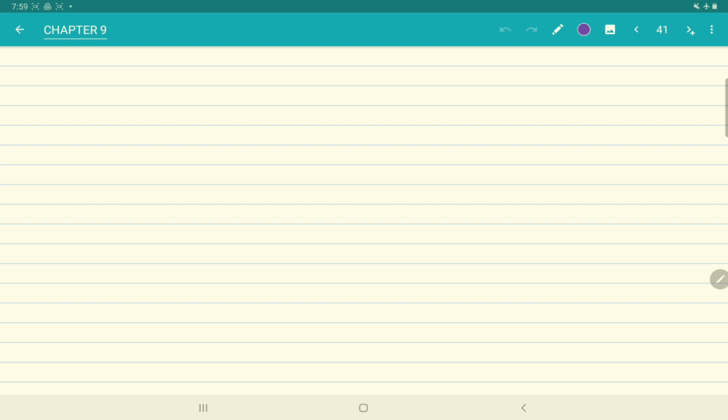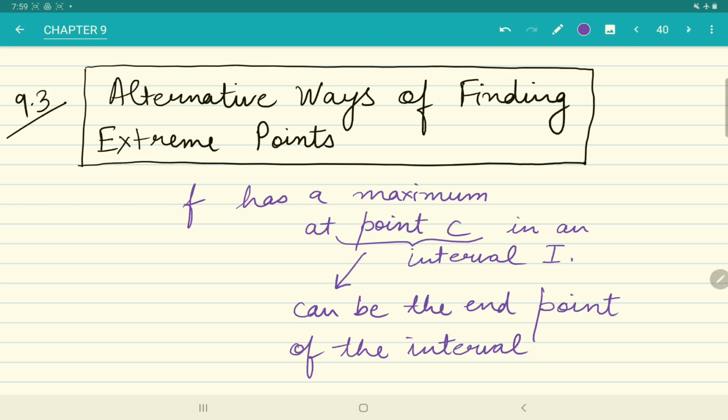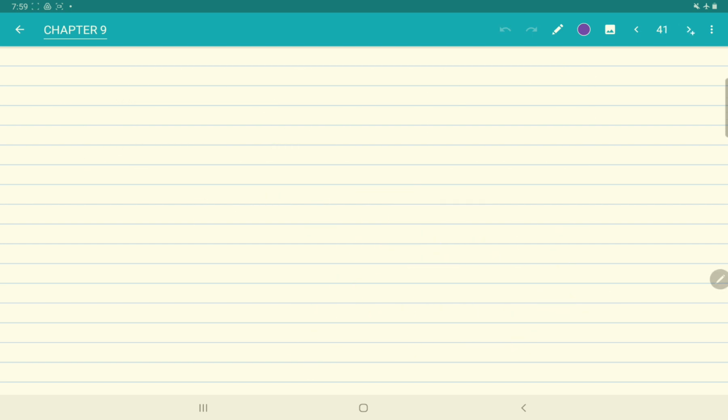Now let's suppose that point C is not an end point of the interval. So C is not the end point of the interval.